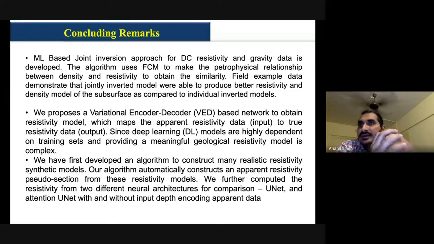For example, in our machine learning based architecture, what geological knowledge do we try to incorporate? The number of geologic units present over the study region, and the relation between the two physical properties.